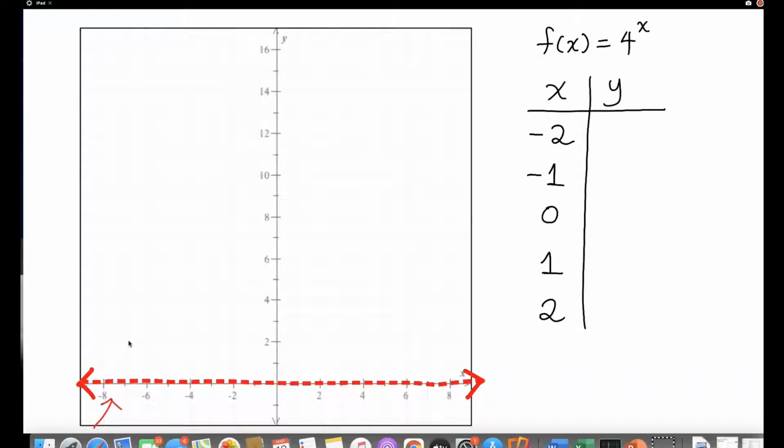The y value is just 4 raised to whatever this x is, right? So y is going to be 4 to the second power because x is 2 this time. If you evaluate 4 squared, isn't that 16? Next one. What about 4 to the first power? 4 to the first power is just 4. What about 4 to the 0th power? 4 to the 0th power is 1.